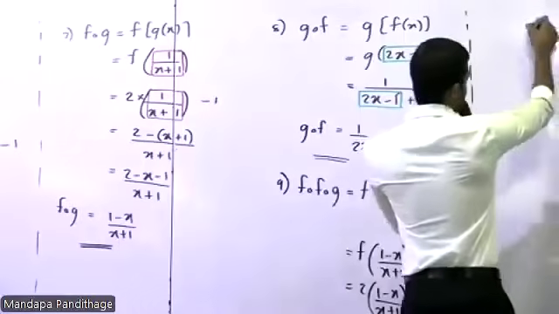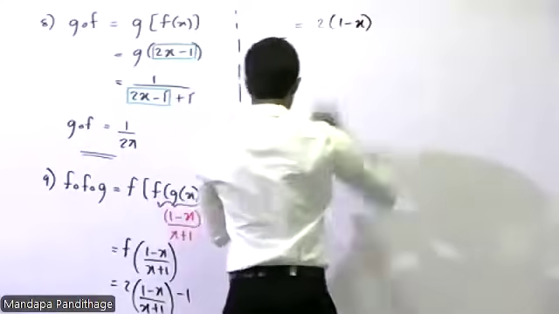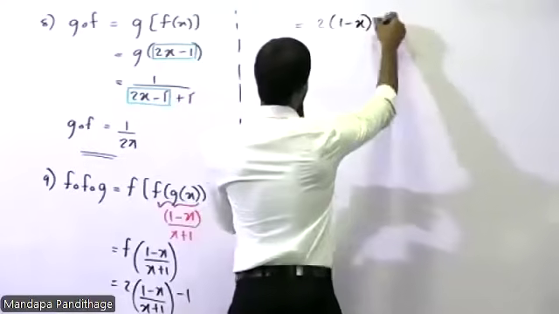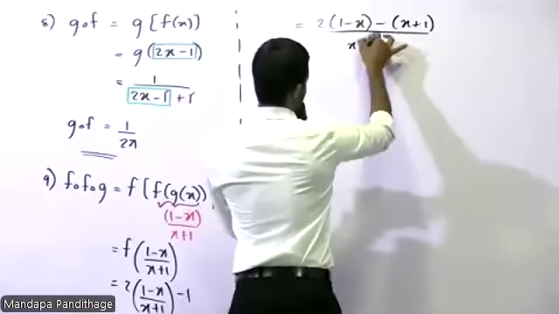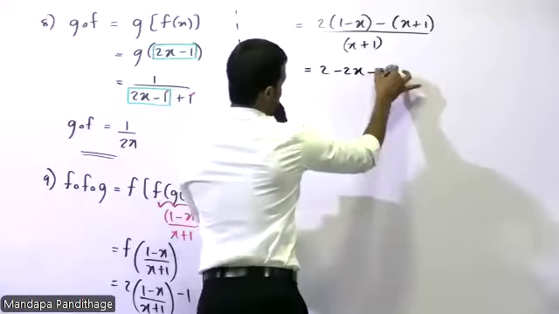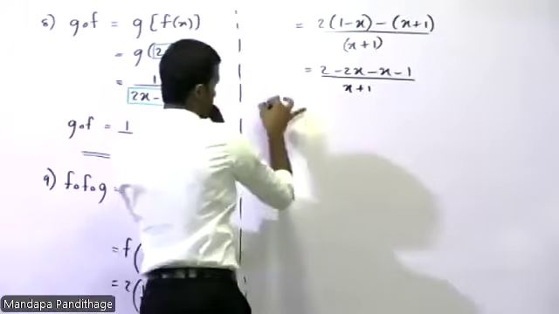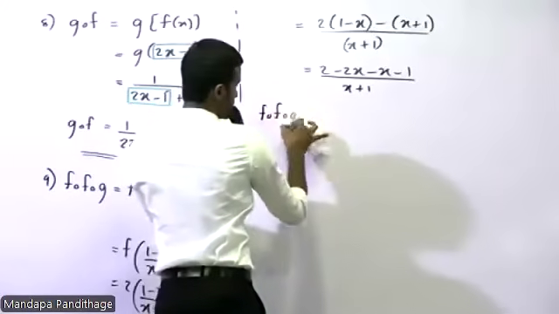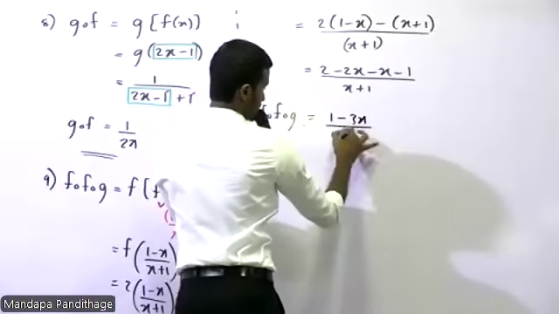So when I simplify, it's 2 into 1 minus x, taking x plus 1 as the common denominator, minus x plus 1 over x plus 1. So you get 2 minus 2x minus x minus 1 over x plus 1. So what do I have as f naught g? It's 1 minus 3x over x plus 1.